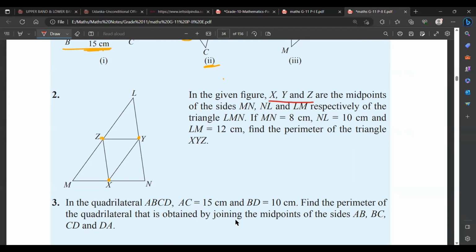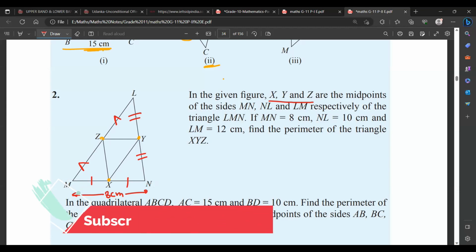So, MN, this is the midpoint, these two lines should be equal. This is a midpoint, these two also should be equal. And this is a midpoint, these two also should be equal. You can understand that, no? You know, MN equals 8 centimeters.